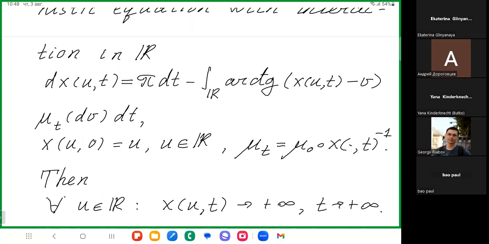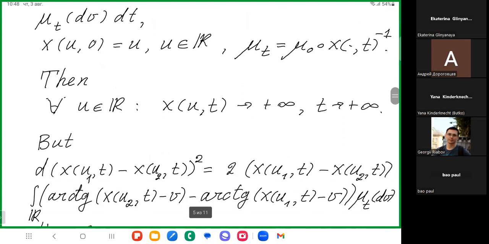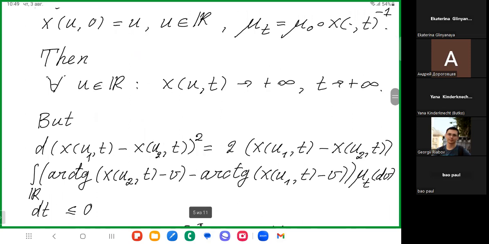It is trivial to understand that x_u(t) tends to plus infinity for every u when t tends to plus infinity. On the other hand, if we consider the differential of the square of the difference x_u1(t) minus x_u2(t), it is negative.